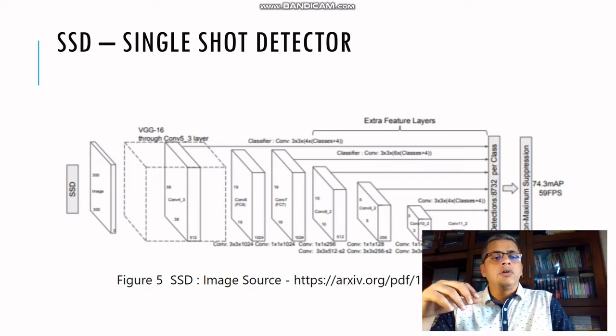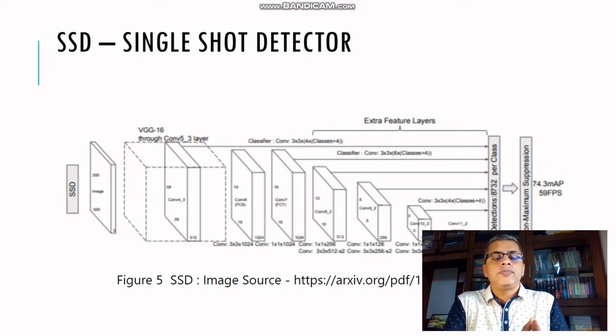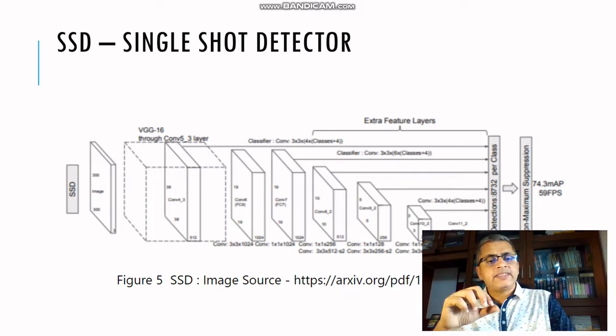Like YOLO, SSDs are also a single framework, with a single network, which is a convolutional neural network, to do the end-to-end processing. So in SSDs, you give an input image along with the bounding boxes for each object in that image, and then there are some default boxes and their confidence scores at different aspect ratios and scales, for each of the feature maps.